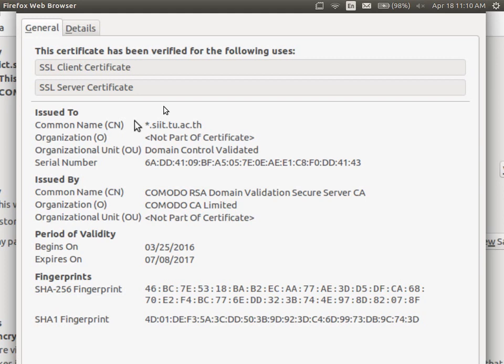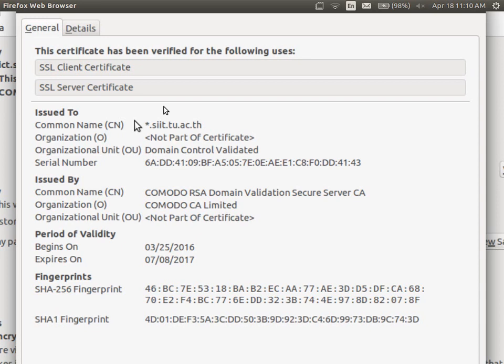Meaning this certificate applies to any domain name that ends with sit.tu.acth, ICT, IT, reg, www, and so on. The same certificate is used for a number of different domain names. That's called the common name. In the standard, that field is the common name, the identity of the subject.